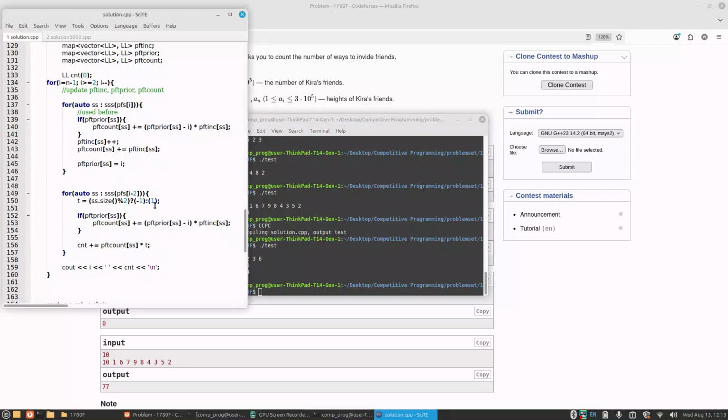Subset, so that'll obviously be including PFT prior, the subset. That should only be adding 1.